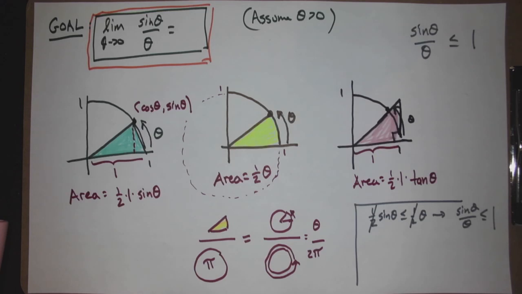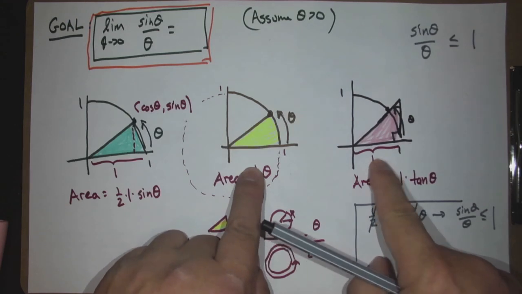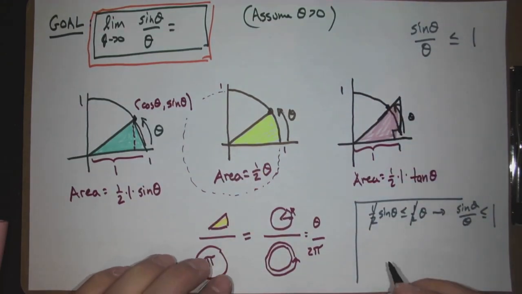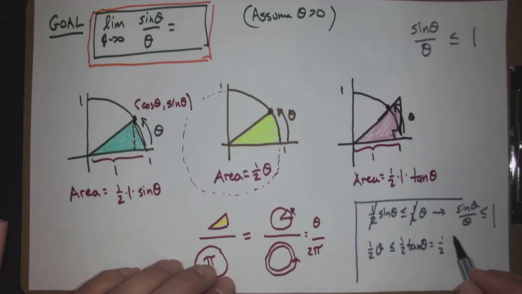Well, now let's look at these two pictures. Which one's bigger? The right one, because you've gained a little bit on the outside. So we have that 1/2 theta is less than or equal to 1/2 tangent theta. But what's another way to say tangent theta? Sine over cosine. The halves, again, can cancel.